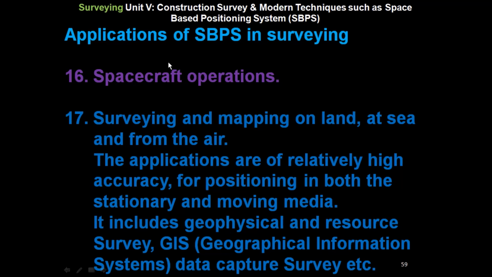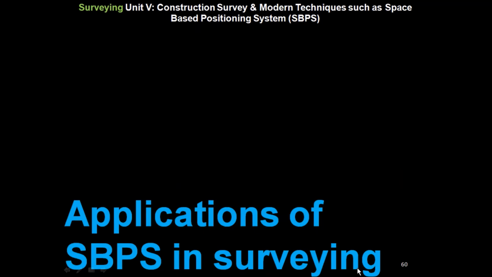17th application of SBPS in surveying is surveying and mapping on land, at sea and from the air. The applications are of relatively high accuracy for positioning in both the stationary and moving media. It includes geophysical and resource survey, GIS, that is geographical information systems, data capture survey, etc. So we have seen the applications of SBPS in surveying.